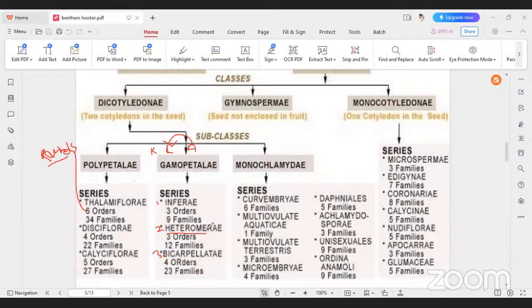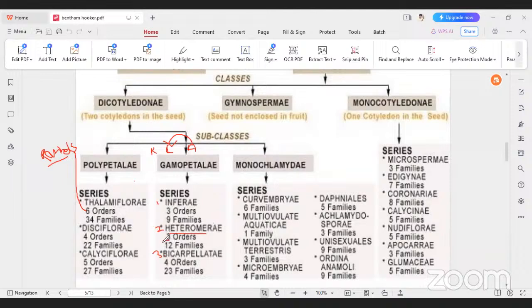In first order, that is Ericales, six families. Second order Primulales, three families, 6, 3, 9. And Ebenales also three families. Total 12 families in this.